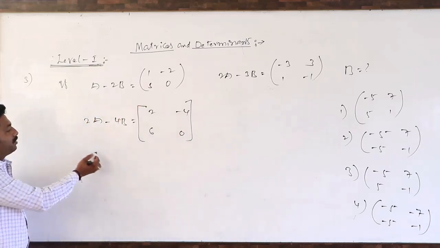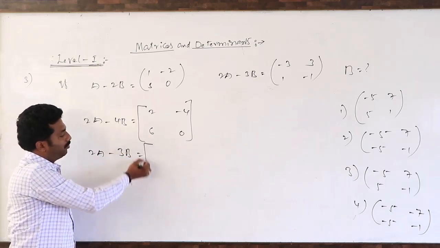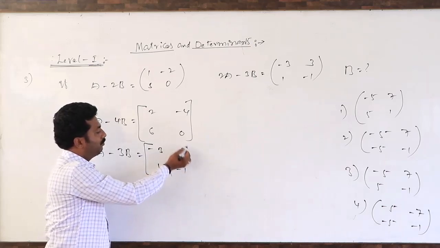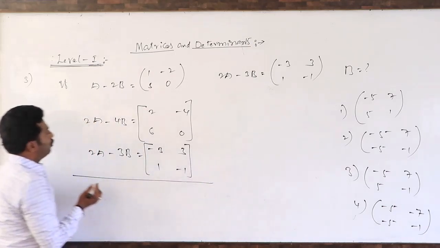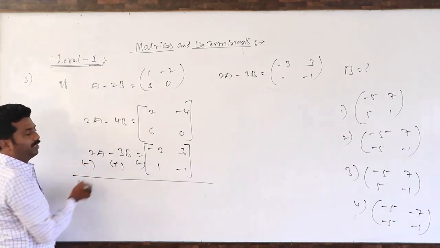Then that is the same as this, 2A minus 3B equal to minus 3, 3, 1, minus 1. Just we are subtracting, so subtracting means minus, plus, minus.